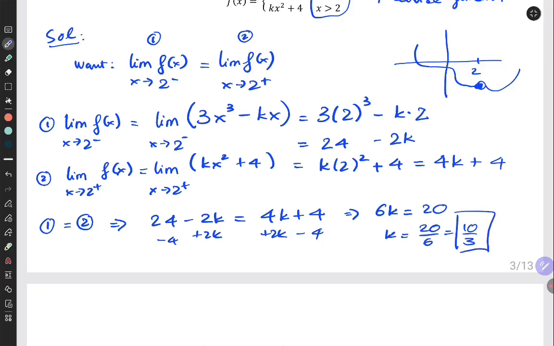There you go. When k equals 10 over 3, then this will equal this. Because this originally is the left hand side limit and this originally is the right hand side limit, when k equals 10 over 3 you have the left hand side equal the right hand side. Therefore, you have continuity at 2.